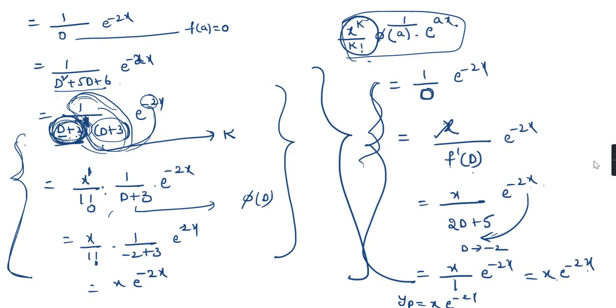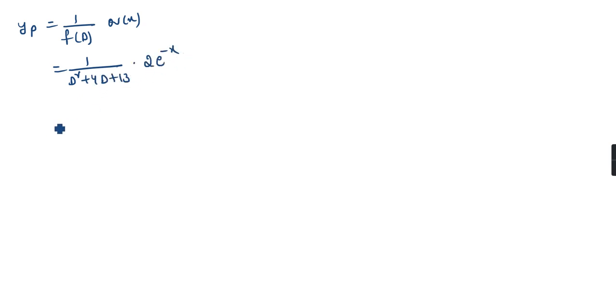So now find the particular integral. The particular integral yp equals 1 by f of d into q of x. 1 by f of d is d square plus 4d plus 13, into 2 into e power minus x. So now here the a value equals minus 1.